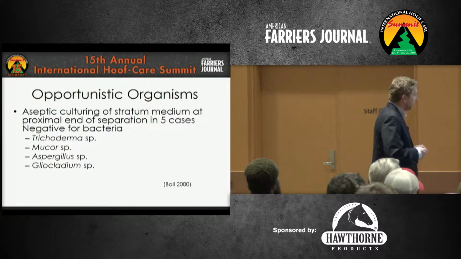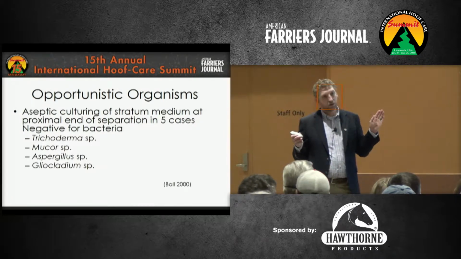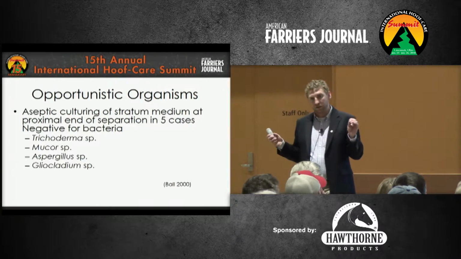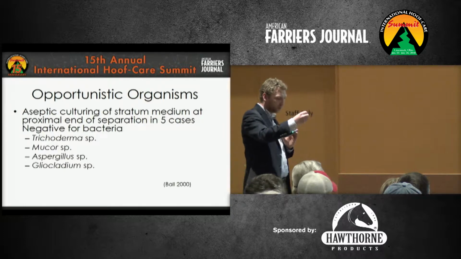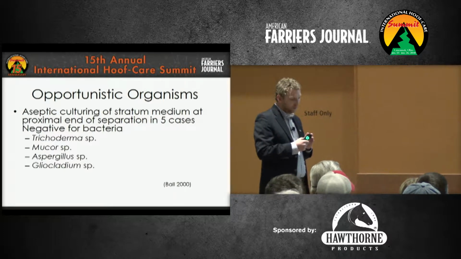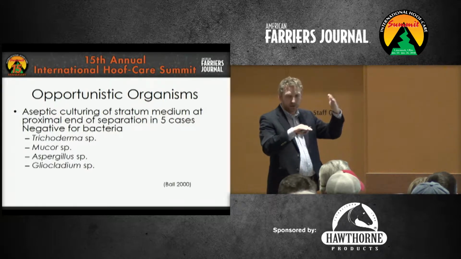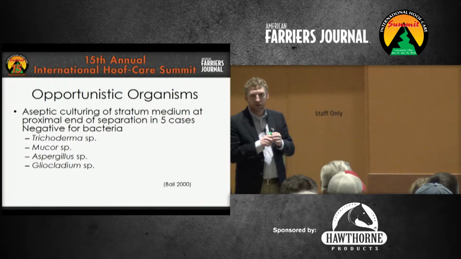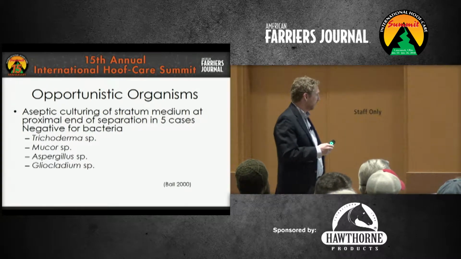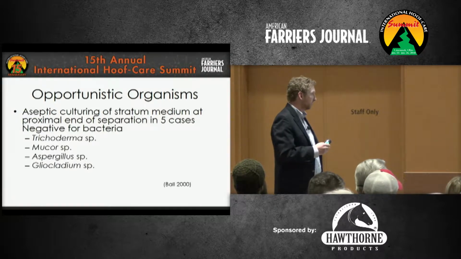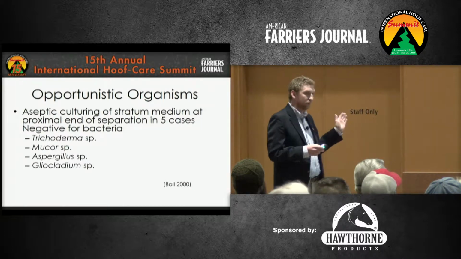He basically described a nice way to do the bulk of a debridement within the horse's hoof wall, try to sterilize it as best he could, and then try to take or culture the most proximal aspect of the white line separation, and try to culture it to identify what microbes were there. And in all of those cases, it was only 5 of them, but they were all negative for bacteria, and they showed up with these 4 fungi.